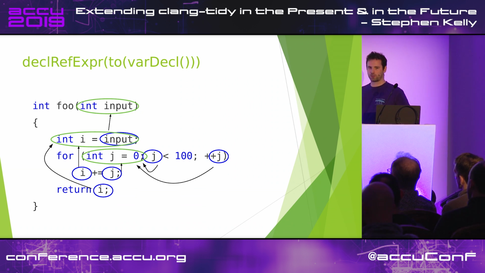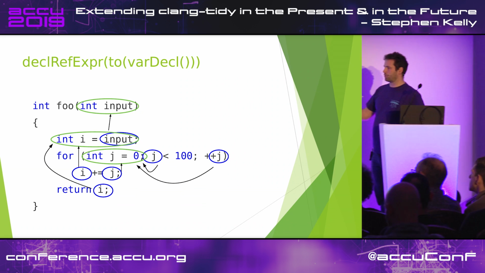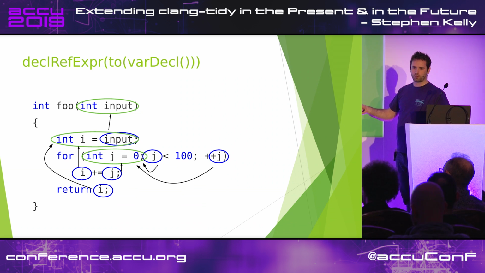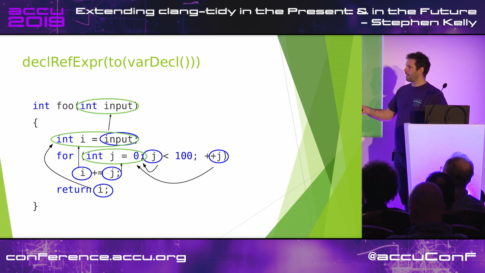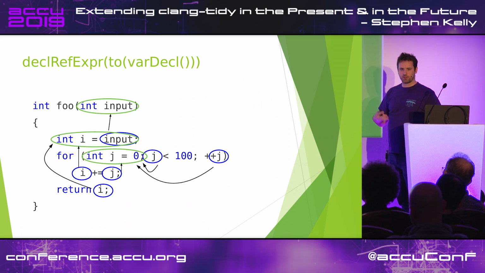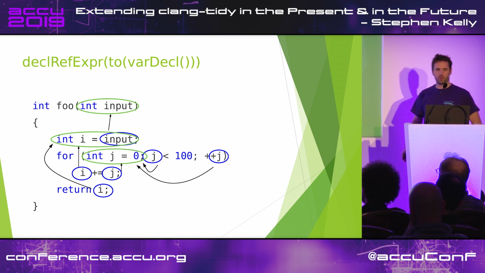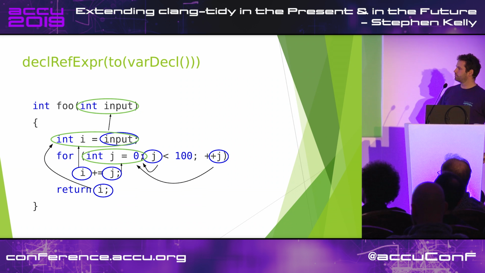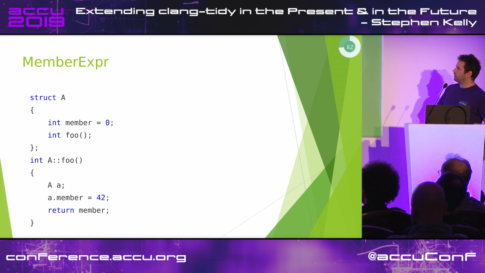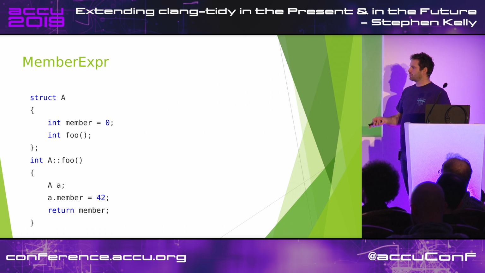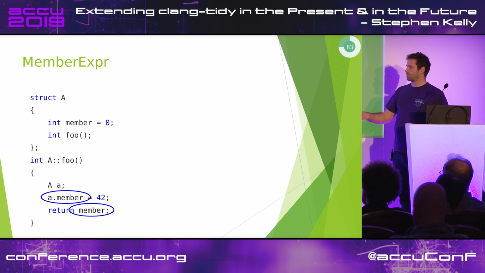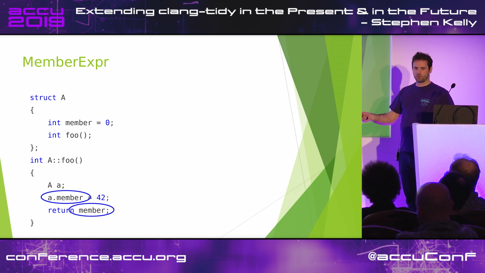And I need to do that all the time, because at this point in the Clang AST, we don't know the type. It's just not encoded. But we know how to get to the declaration of the variable, and that's where the type is specified. So that's where we go when we need to find out what the type of something is. Again, member expressions. In this case, there are 2 ways of having members in your source code.